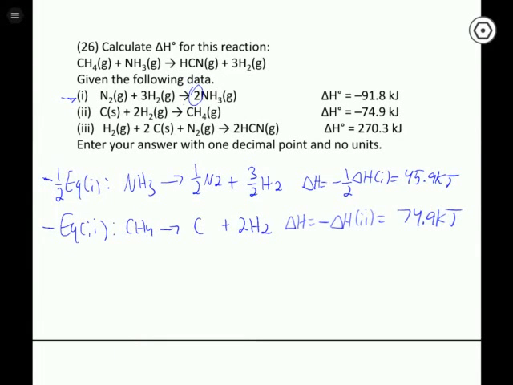And then finally for the third one here, this third equation has HCN as a product, but it has a 2 in front of it. So if we take half of this third equation, that'll give us 1 HCN as a product, which is what we want in our overall reaction. So we're just going to do 1/2 times the third.